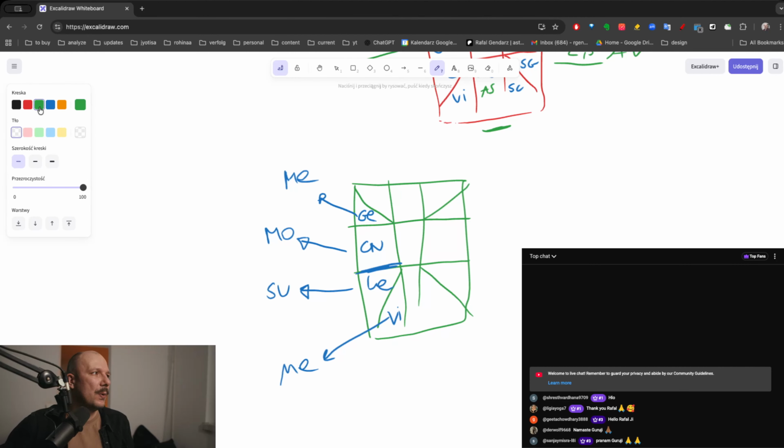Then here we have Libra, and here we have Taurus. So this is Venus lording Taurus, and Libra here is also lorded by Venus.